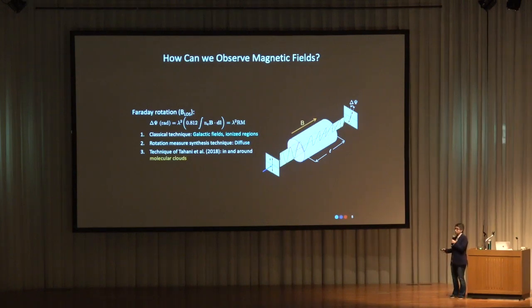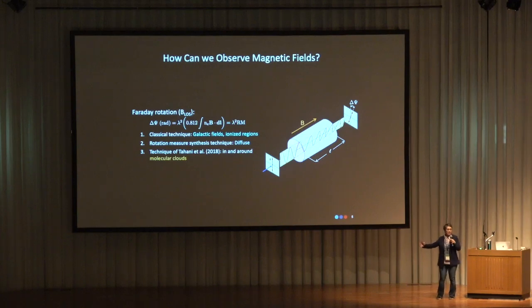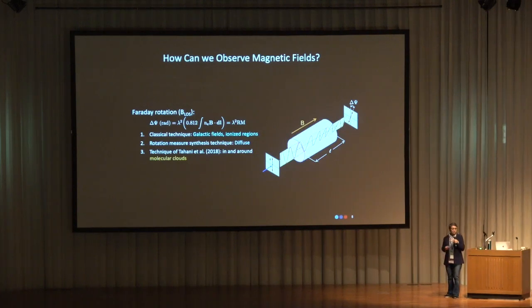This has been widely used to provide the magnetic field in large-scale galactic magnetic fields or magnetic fields of highly ionized regions. Rotation measure synthesis is another technique that can provide the magnetic field in diffuse regions. And it's based on the diffuse emission from synchrotron radiation.